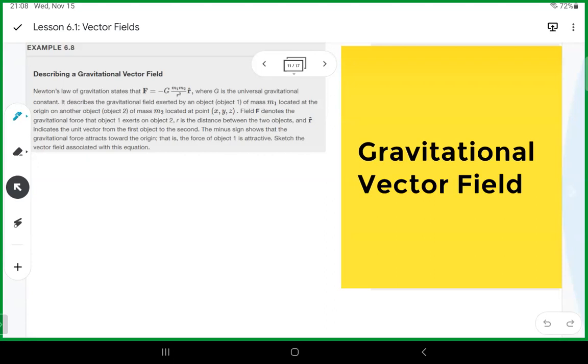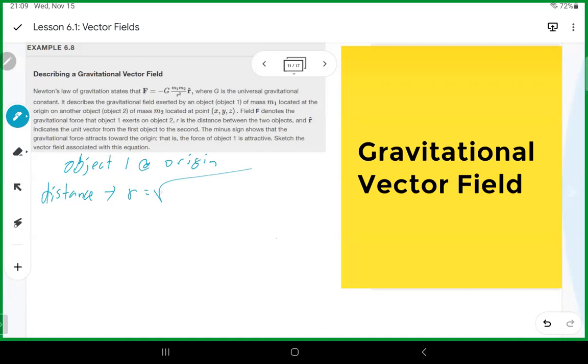So, since object 1 is located at the origin, the distance between the two objects is given by r equals the square root of x squared plus y squared plus z squared.